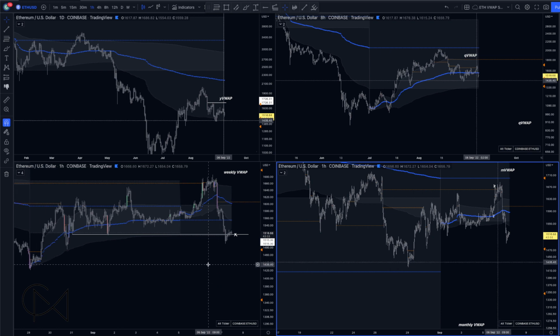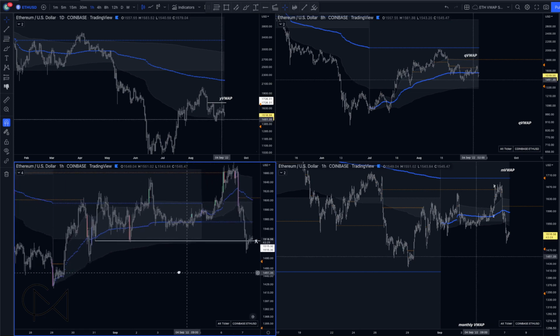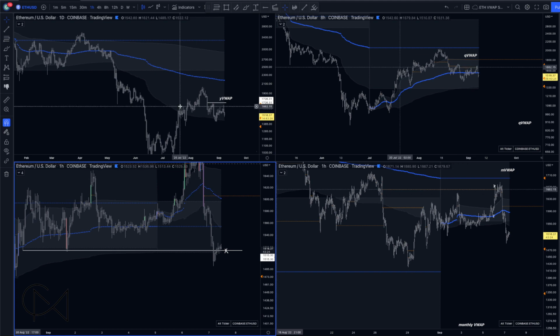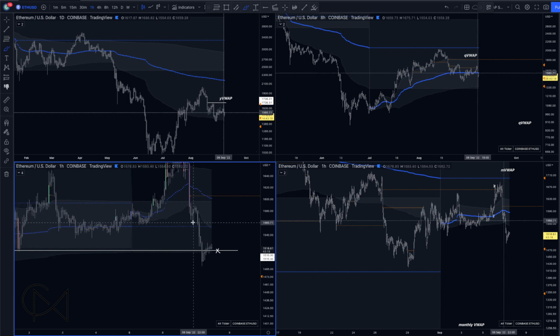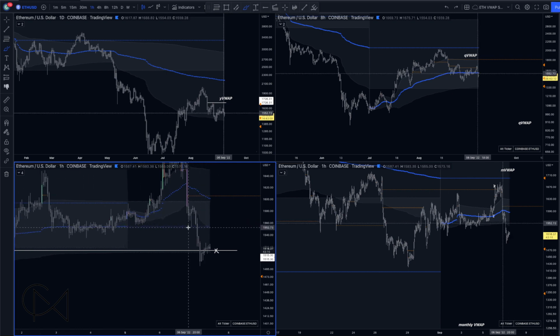Starting from the weekly VWAP, as you can see, during the past VWAP we got a nice retest. Regarding here, we got a nice retest of the previous week's VWAP, which was a nice scalp long, like 2.5% just from looking at the previous VWAP.